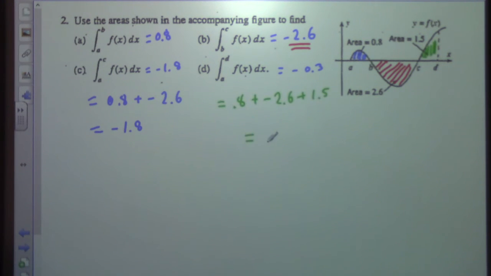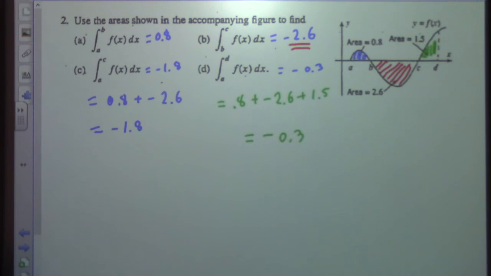And this is how you're going to get negative 0.3. That's where that comes from. So again, it's keeping track of what the area is of those pieces. Are those areas above or below the x-axis, which make these things negative or positive? So that's really all there is to it.